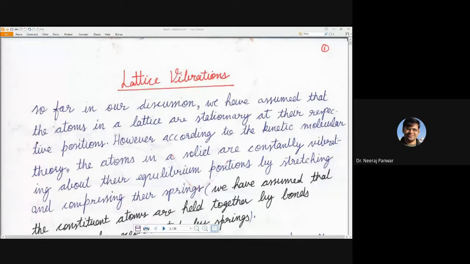Sodium is a metal, but if we try to increase the interatomic distance between the sodium atoms or sodium ions in a solid, the conductivity of sodium will decrease.